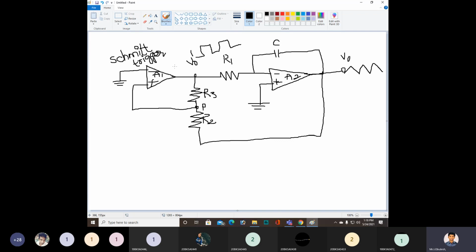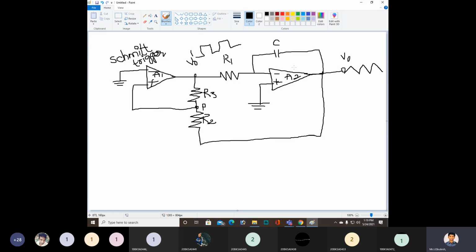Then here also we have a feedback resistor in the previous diagram. Here we have one capacitor. Capacitor and resistor is connecting to the inverting input terminal of the amplifier A1. In the amplifier A2, we have one feedback resistor across the capacitor, and for non-inverting input terminal of A2, we have a compensating resistor also.